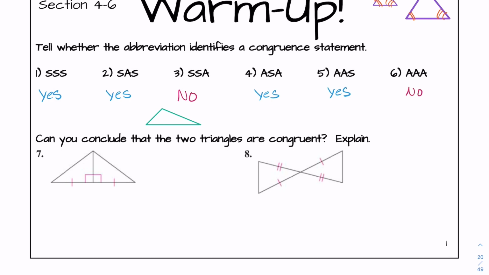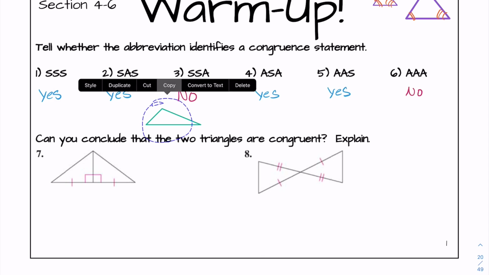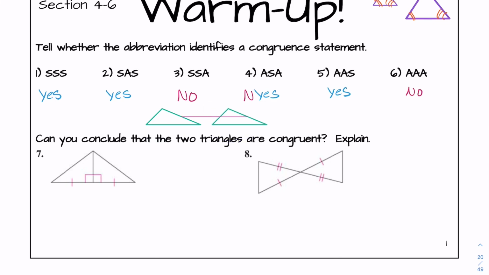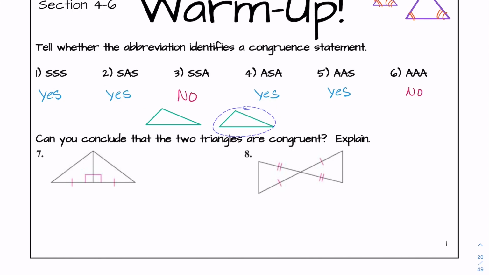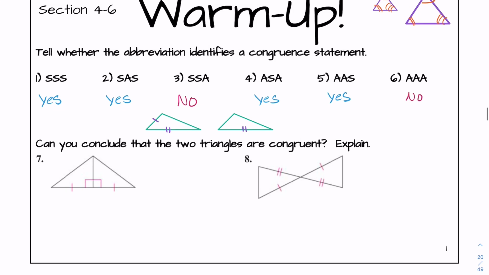So what I'm going to do is take this and copy it right here, and copy this right here. So in this case, yeah, this side, side, angle would be appropriate. So let's do side, side, and angle.